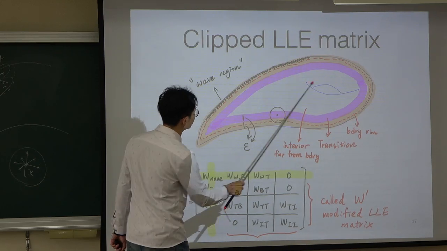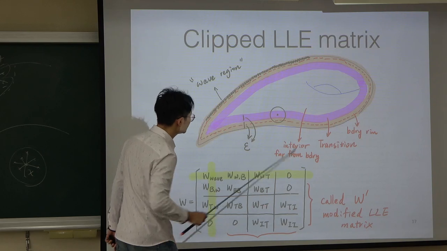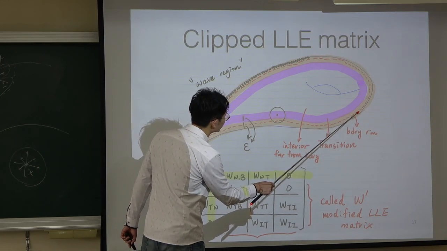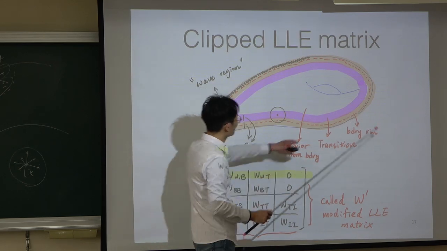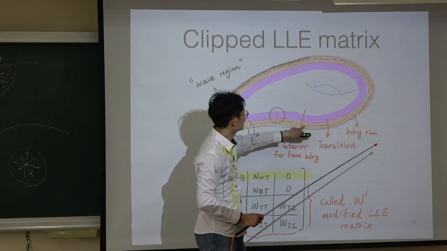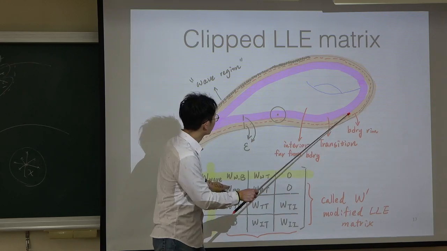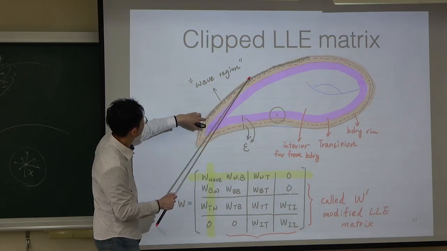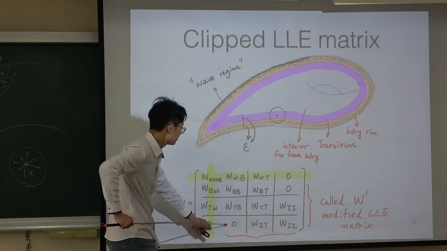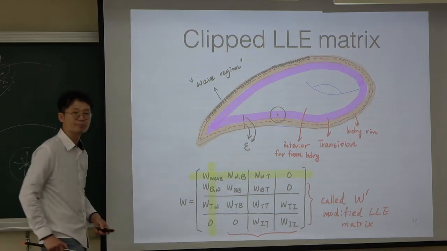So this white part is the interior part, this pink part is the transition, and this part, which is inside the original side but inside the dashed one-dimensional subset, is called the B boundary. And this black part is the wave, and we just remove this part, and then we do the embedding or analyze the data using this subblock.